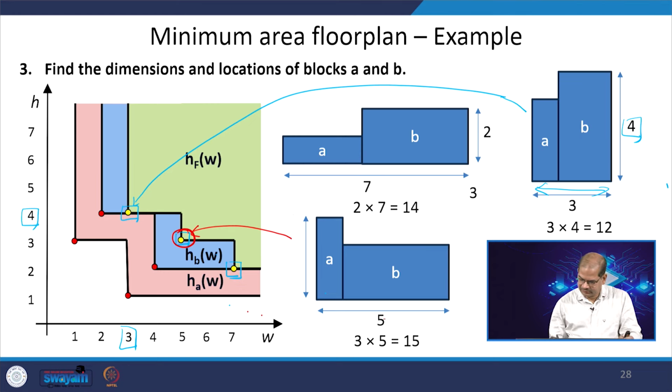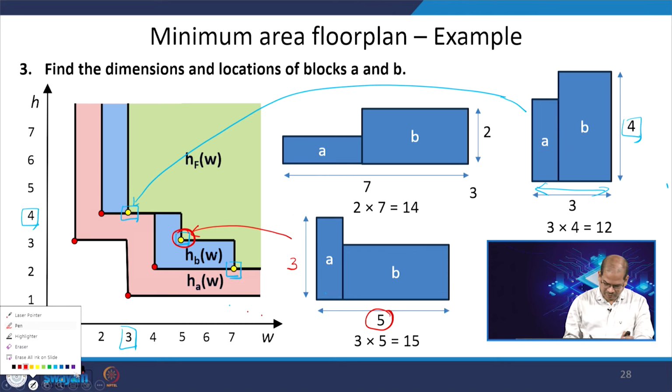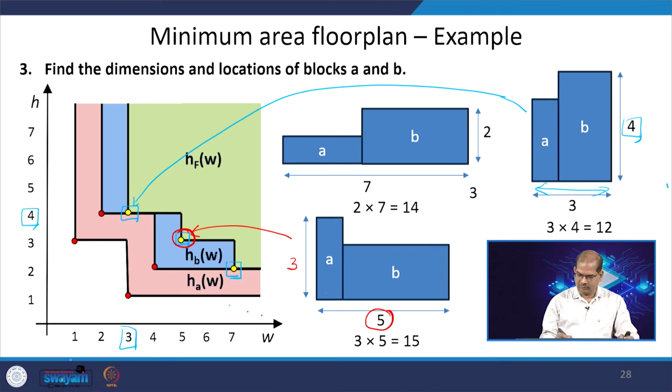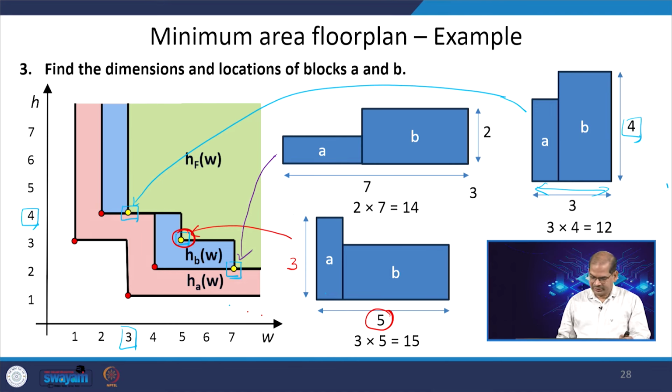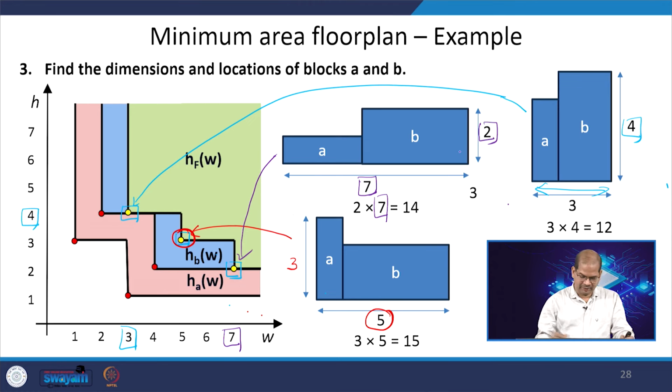Width is 5 and height is 3. Then there is another floor plan: this point belongs to this floor plan. The width is 7 here, and the height of the floor plan is 2.